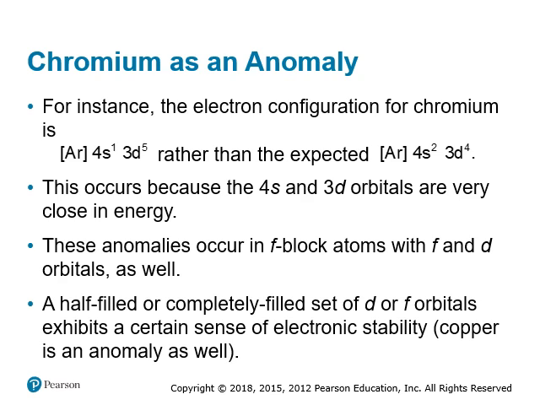Well, if we were filling chromium as we would suspect, then we would fill up the 1s, the 2s, the 2p, the 3s, and the 3p, as would be the case in an atom of argon, followed by the 4s2, and then placing 4 electrons in the 3d.